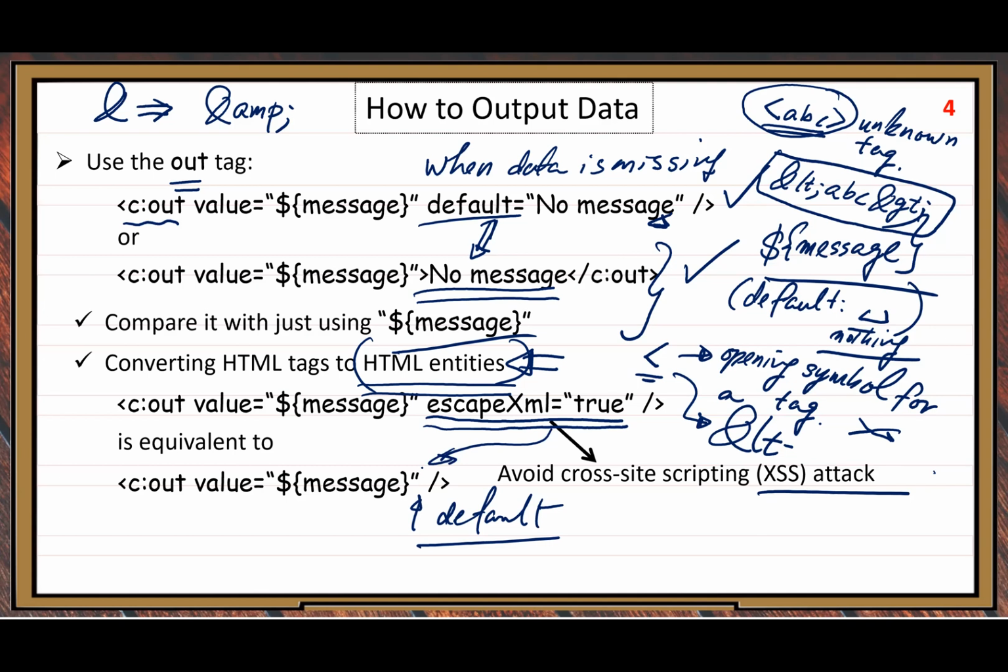For the false case, you just use those tags as given. All right. So you need to consider in case hackers may like to hack your website. Okay. All right.